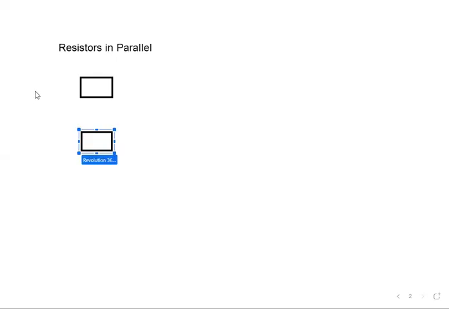So as you can see here, we have resistors in parallel.